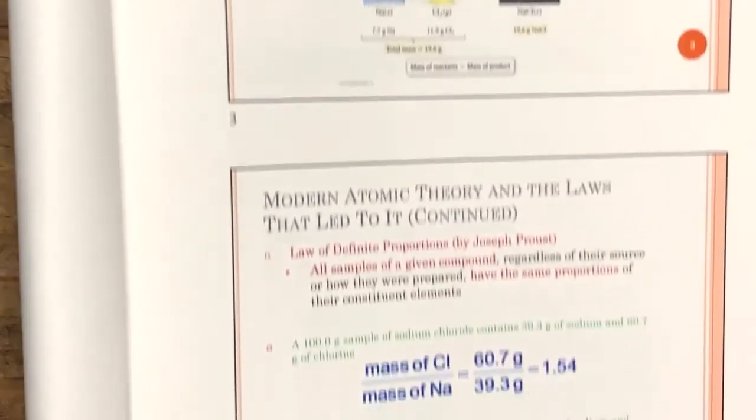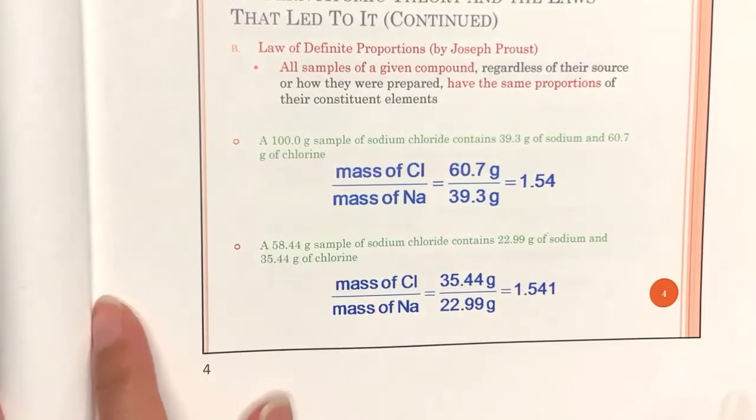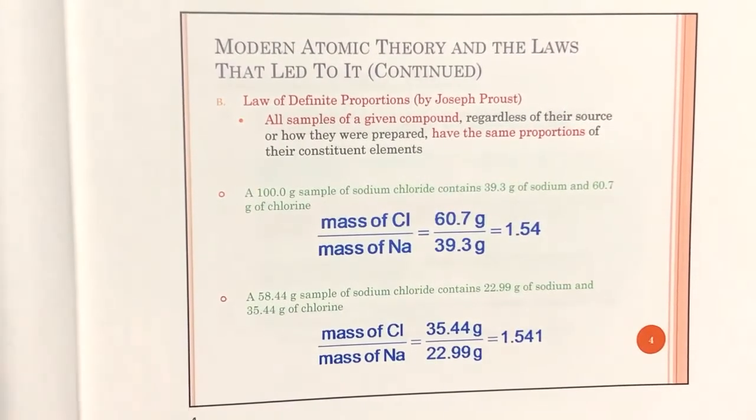Now, the second law we want to talk about is the law of definite proportion, okay? The law of definite proportion says that a sample of a given compound, no matter where it's from or how you've made it, will always have the same proportions.